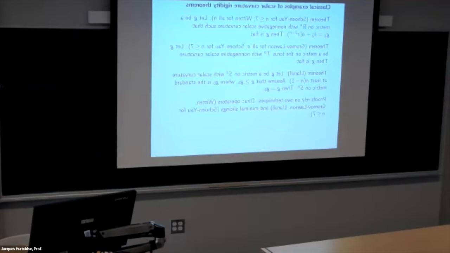What it says is that if you consider any Riemannian metric on the torus T^n, so you take a Cartesian product of a circle with itself n times, and if you have any Riemannian metric on this torus with non-negative scalar curvature, then the metric has to be flat. So this means you can never have positive scalar curvature. And even non-negative scalar curvature, the borderline case, is only possible if the metric is flat.